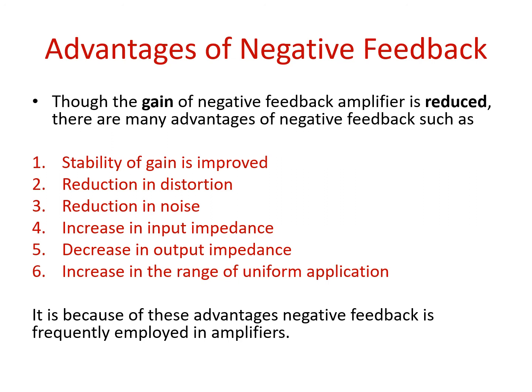Then what is the output impedance? Output impedance again is a ratio of voltage to current that is flowing out of the terminals. So in the case of negative feedback, input impedance is increased, which is beneficial for the amplification process, and there is a decrease in the output impedance.